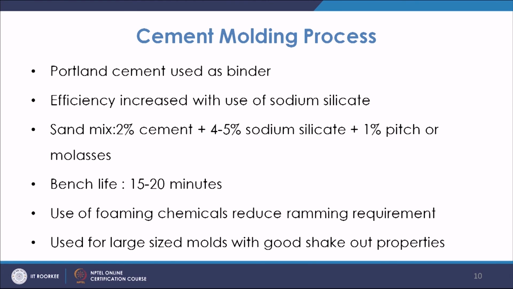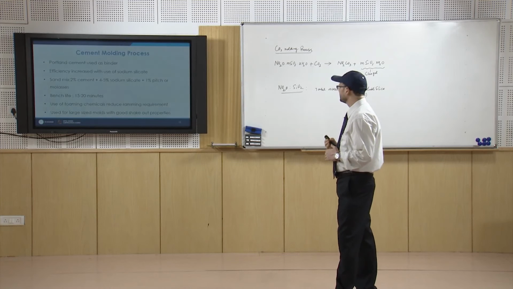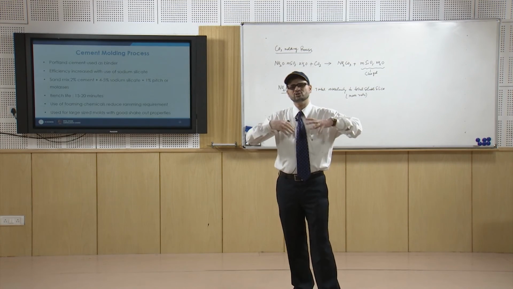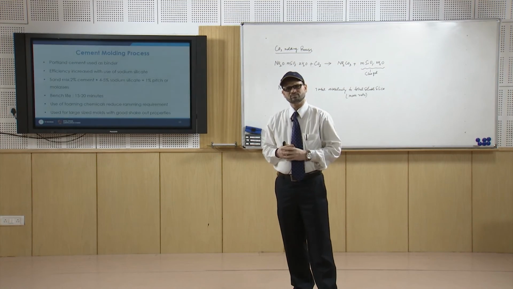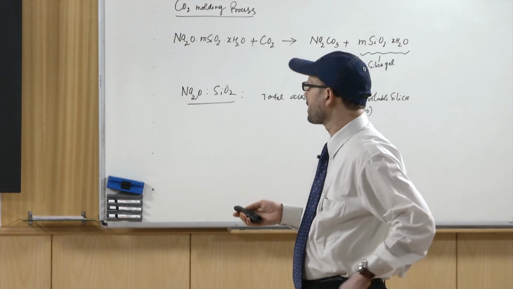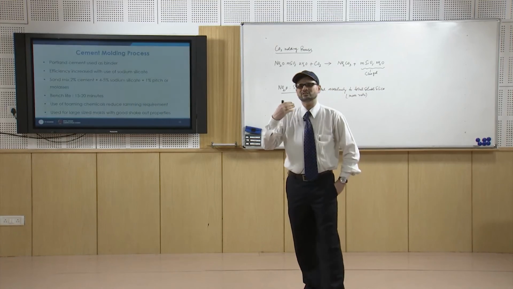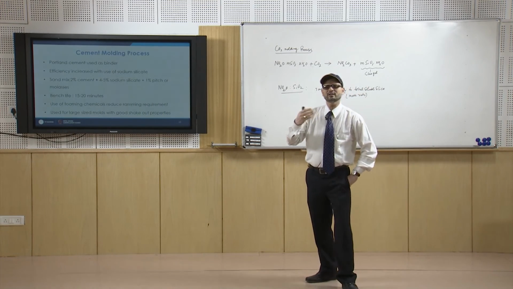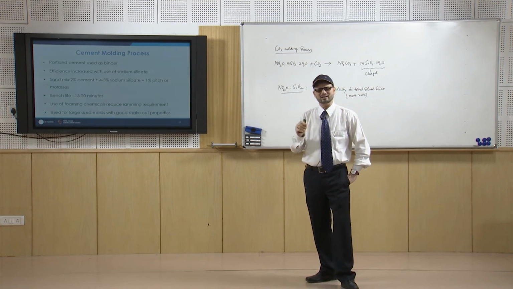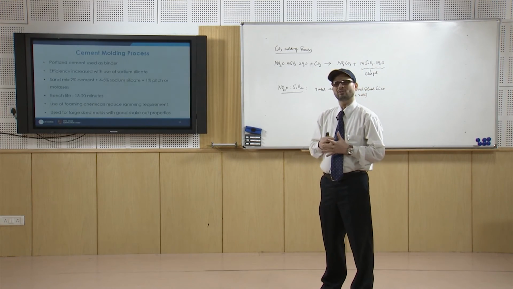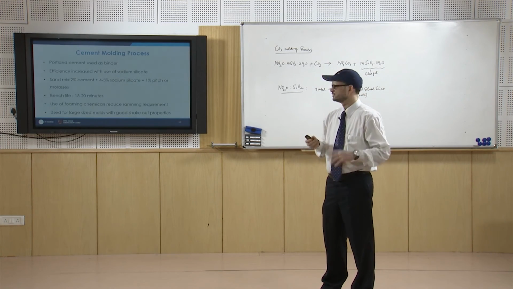You can use foaming chemicals, so that the ramming requirement is decreased, and the mold is normally used for large size castings and has good shake out properties. So, here you use sodium silicate as binder with Portland cement, giving you a very good process for very large size castings.